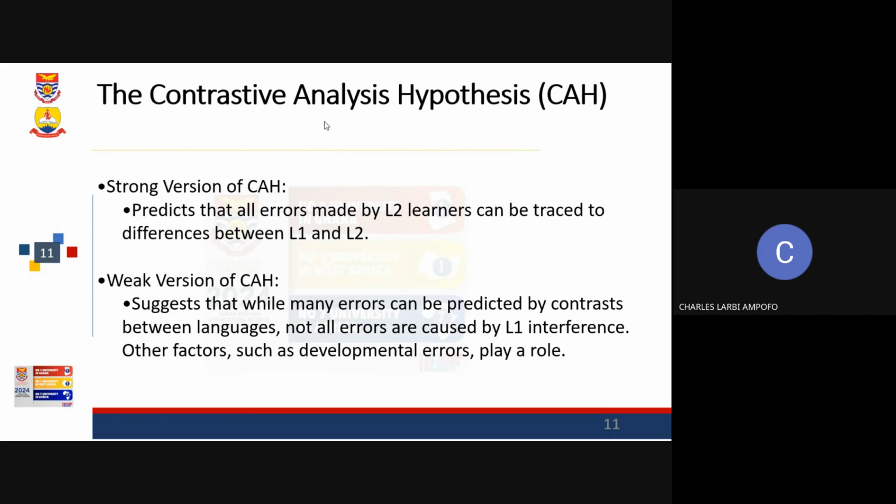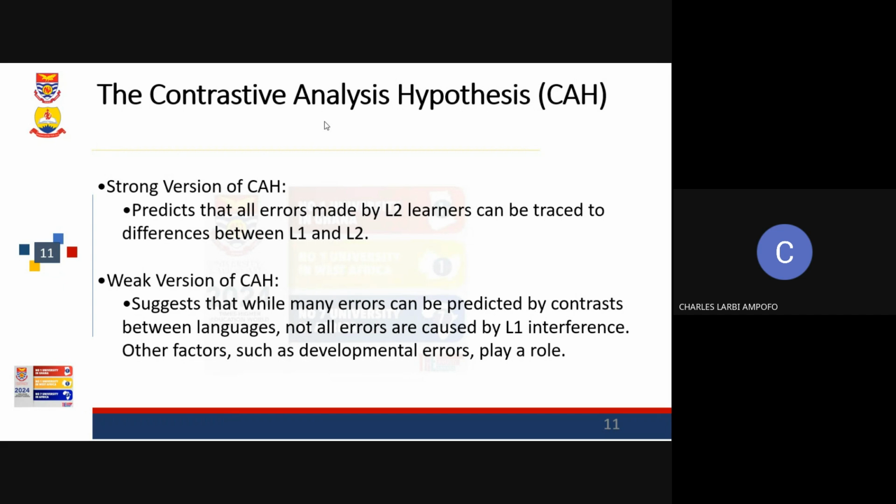If you are teaching English to a GA learner, somebody whose L1 is GA, they are saying that all errors this learner will make in English are a result of the differences between L1 and L2. No other thing but only the differences between the two languages will make the person commit errors in the second language.